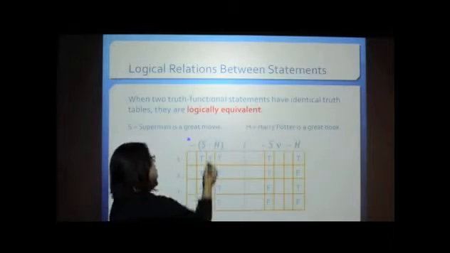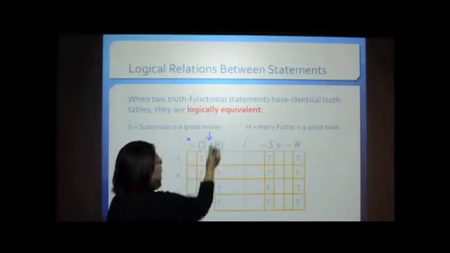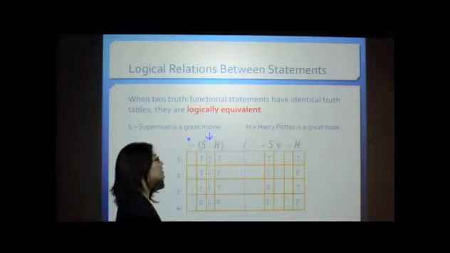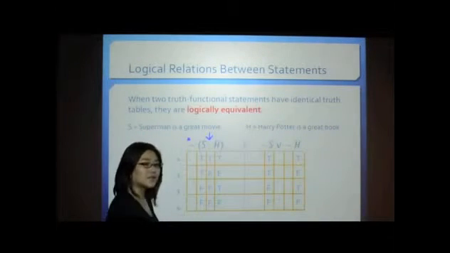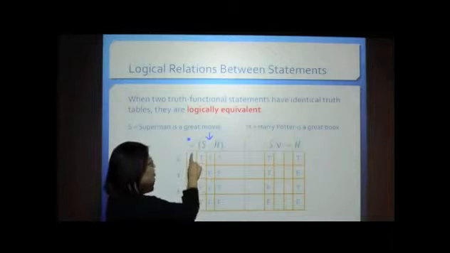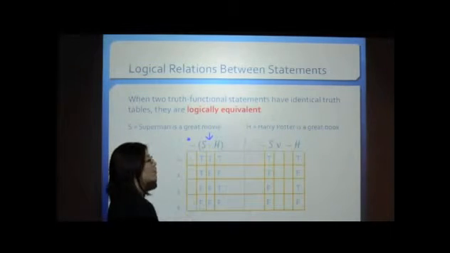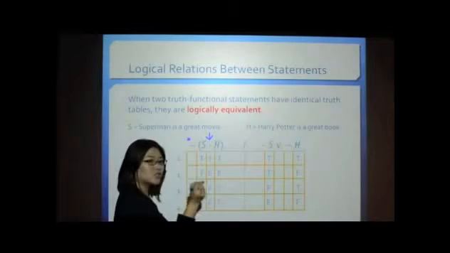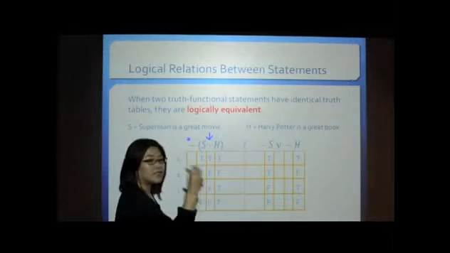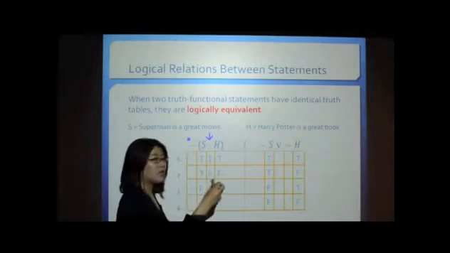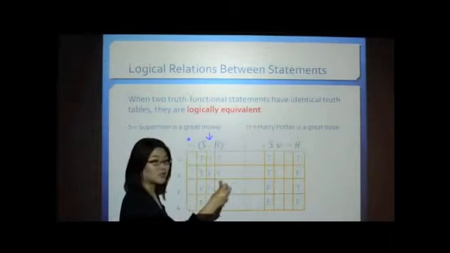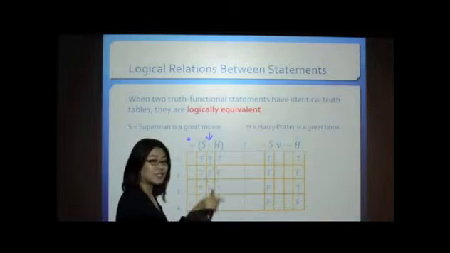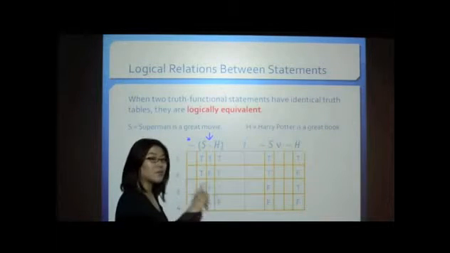So we will be using the truth values for the conjunction, because that's what's inside the parentheses, in order to determine the truth values for the tilde, okay? So the tilde truth function is when a statement has a certain truth value, let's say the conjunction has a certain truth value true, then the negation of that will be false, okay, will be the opposite.